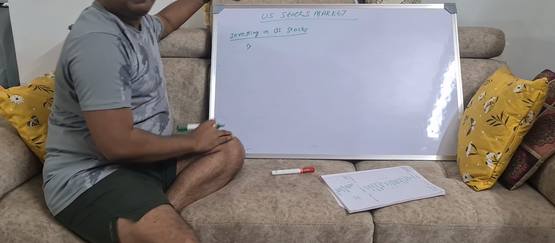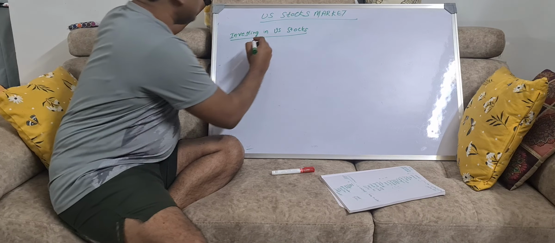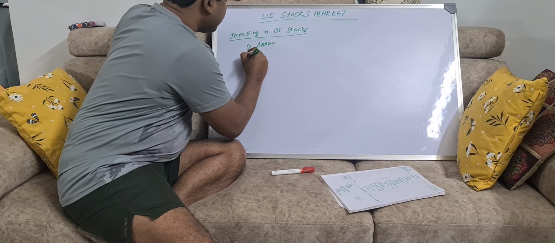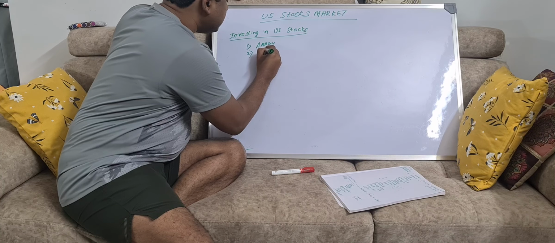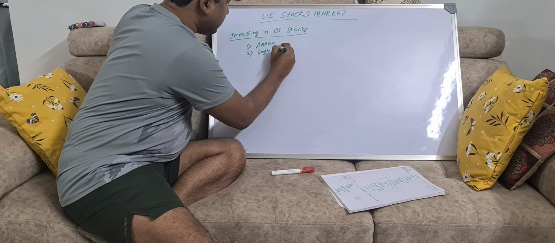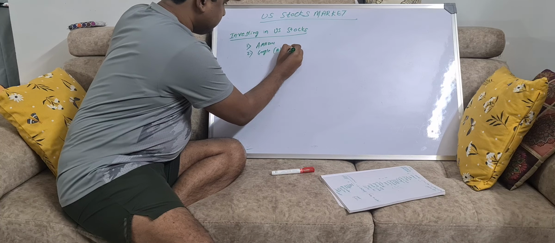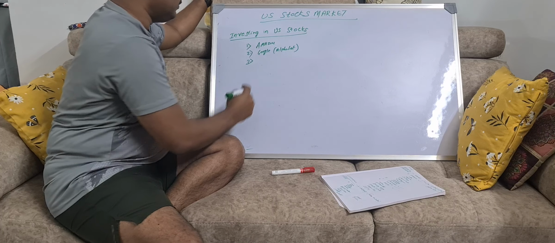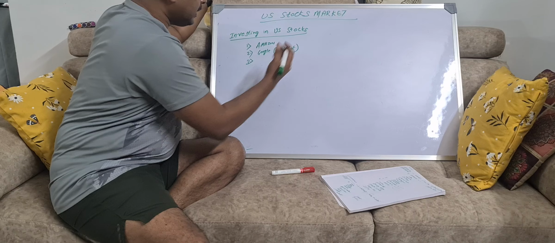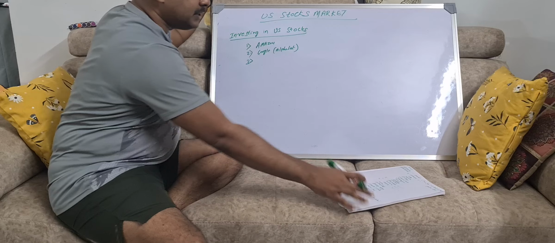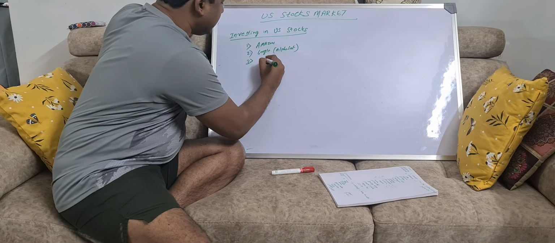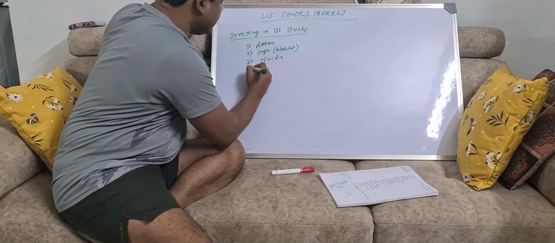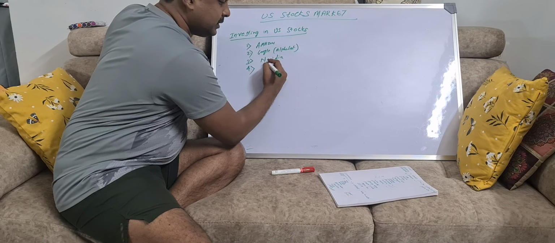We hear about multiple companies every day, right? We have Amazon, we have Google, or what we currently call Alphabet. Multiple companies I have already listed down. These are the popular big companies in the US.